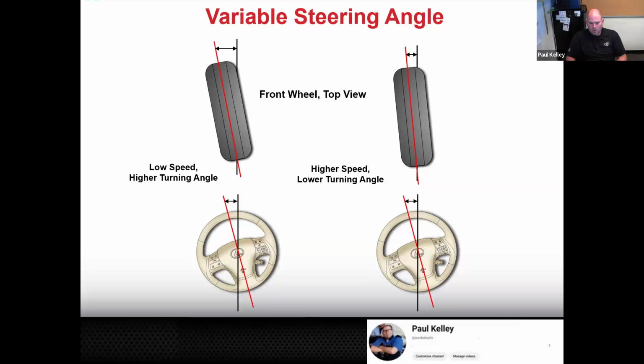So they can program it so that if you turn like this with your yoke, it'll actually run the rack all the way to the steering lock. So you could literally do this and whip a tight U-turn because you're at 5 miles an hour. So they know if you turn this much, you mean business.